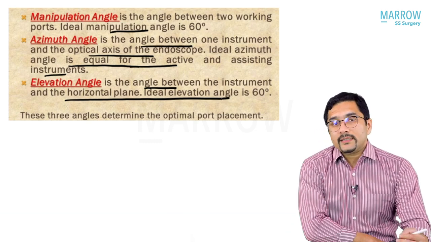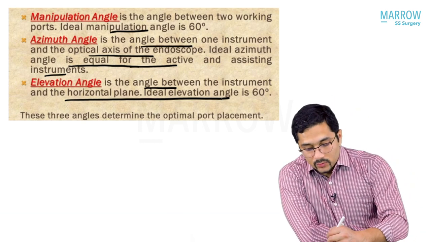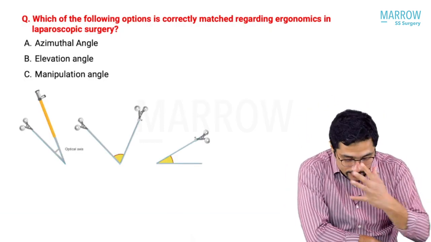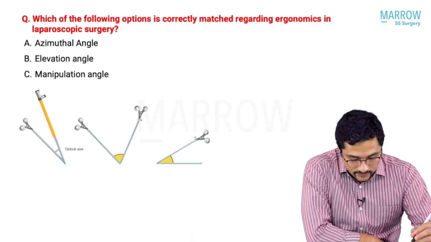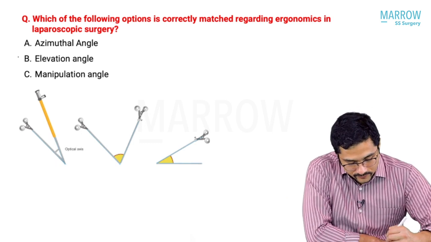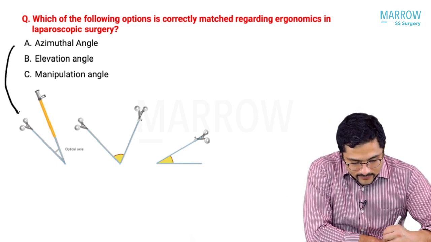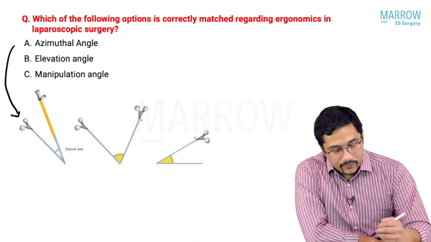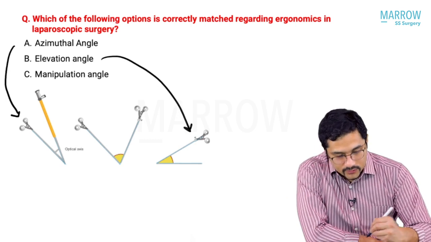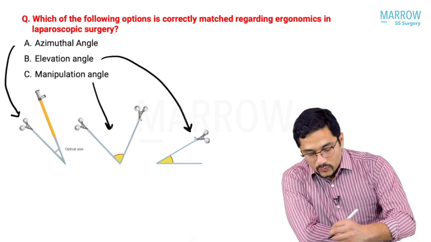You should know about these angles. They have been asked previously also, and this time also there were two questions. The second question was which has been correctly matched here. We know that azimuth angle is between the endoscope and the instrument, the elevation angle is between the horizontal plane and the instrument, and the manipulation angle is between two instruments.